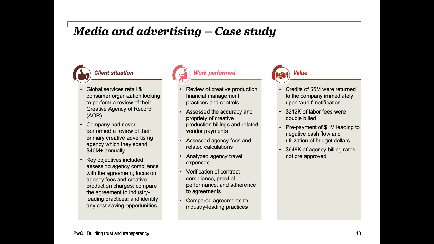And there were billing rates in the contract that were not adhered to or pre-approved for many of the fees that were passed through. So in this specific example, there were definitely cost-saving opportunities, but even more importantly, there were better contract terms that were able to get leveraged going forward into the future.